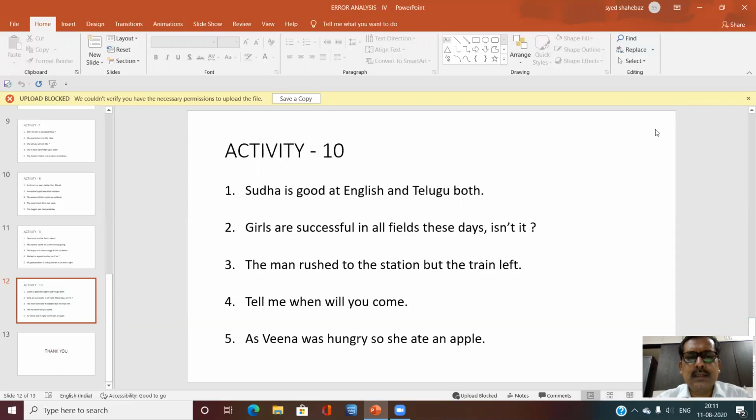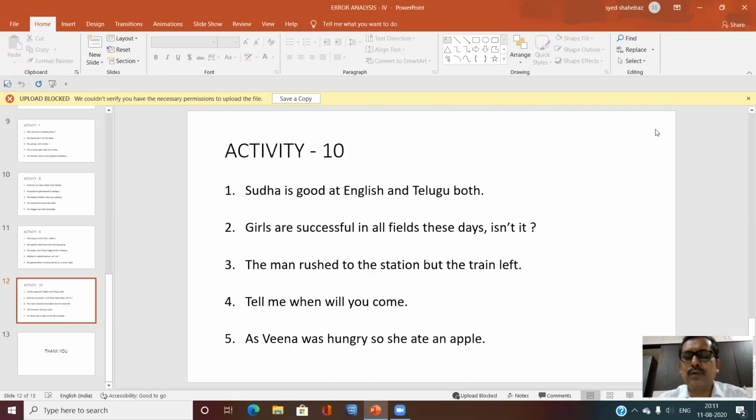Next, the man rushed to the station, but the train left. The man rushed to the station, but the train had left. The first completed action is the train had left.